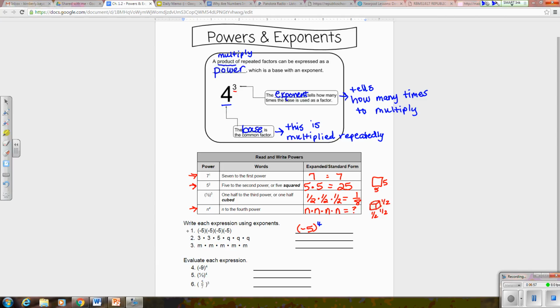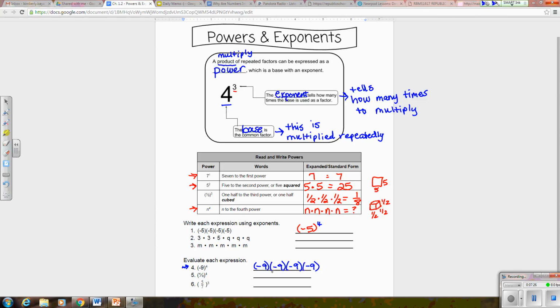Now let's jump down here and look at this one. Not only are we going to evaluate it, or in other words, get it in standard form, we're going to write it in expanded form first. So -9 to the 4th power means -9 times -9 times -9 times -9.